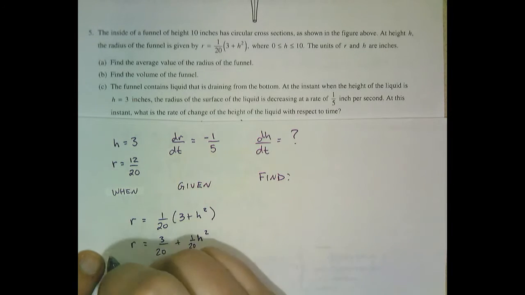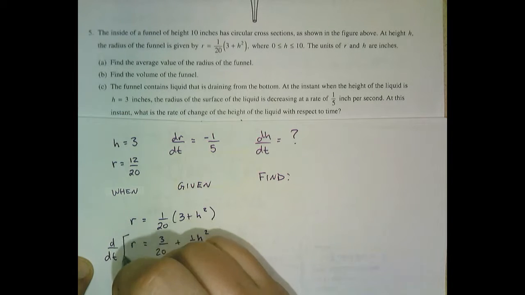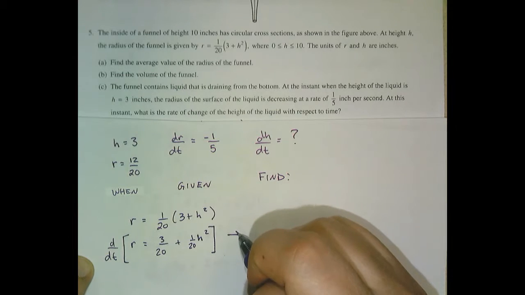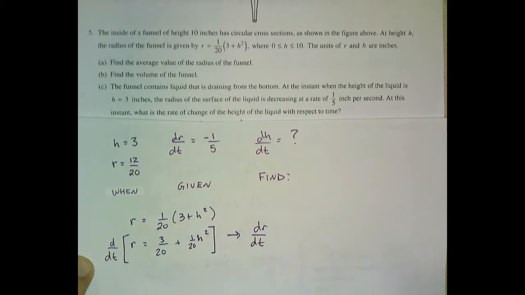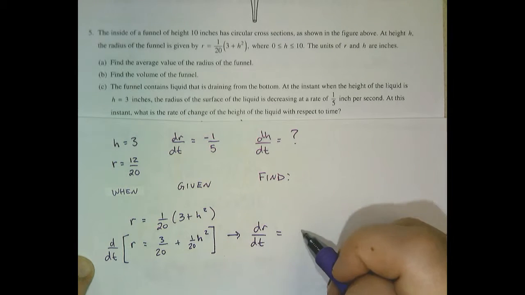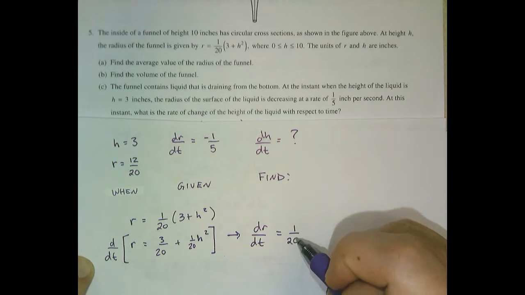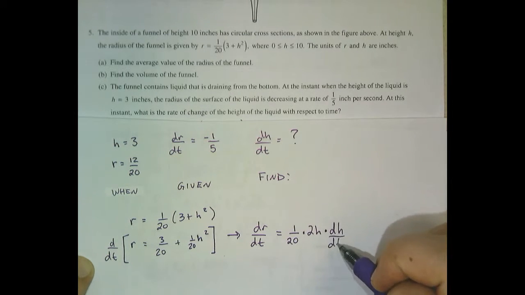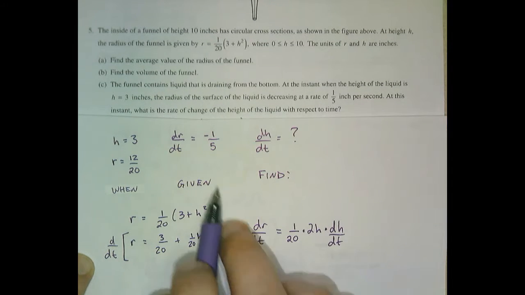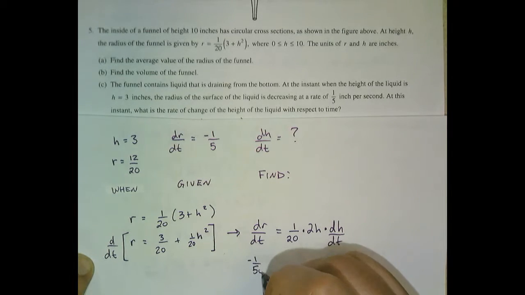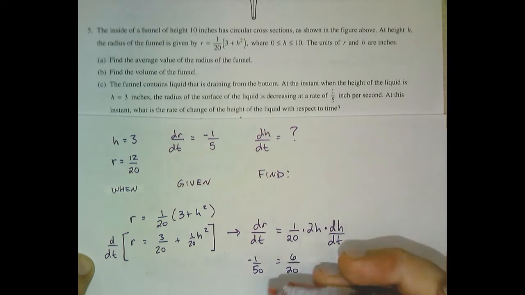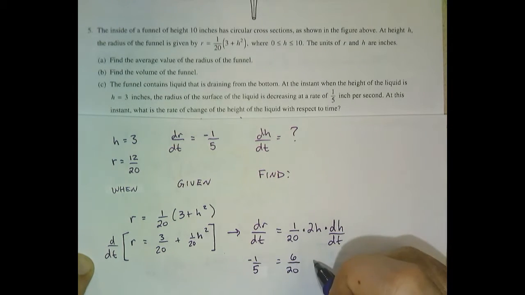So if we take the derivative of this with respect to time, that's going to find our related rates. The derivative of the left, dr dt, and the derivative of the right would be 1/20th times 2h times dh dt. Now let's plug in all of our knowns. dr dt is negative 1/5. 2 times h is 6. And then dh dt.